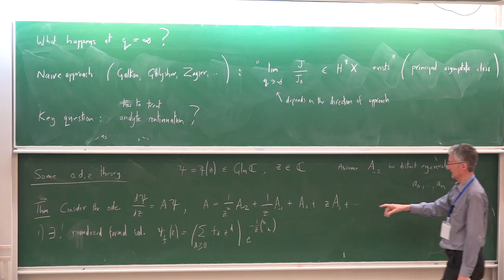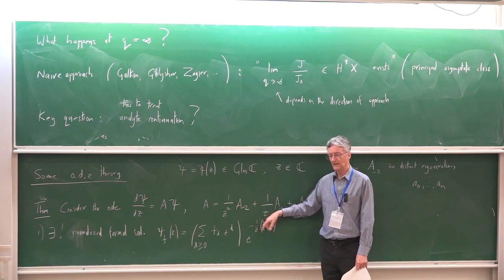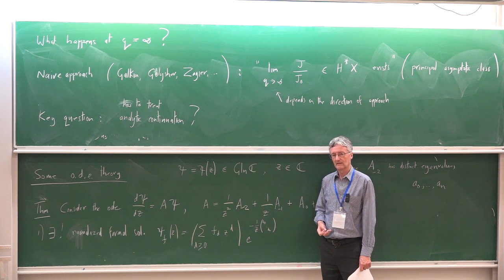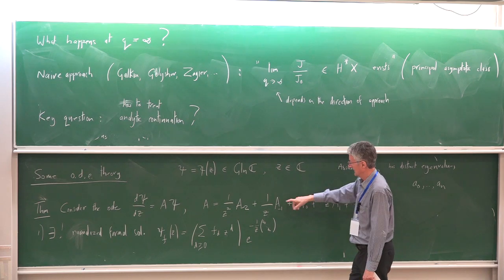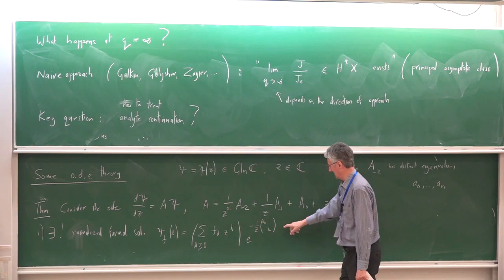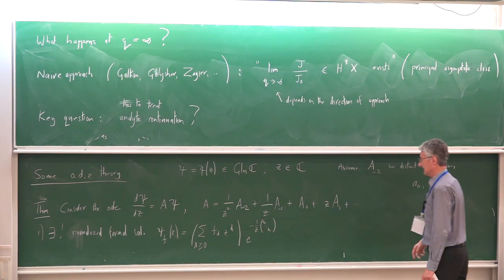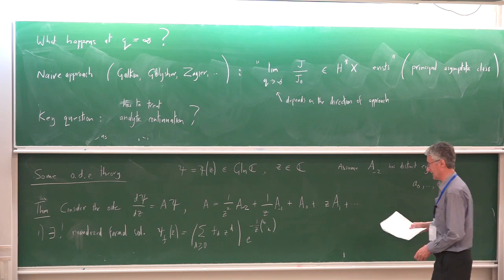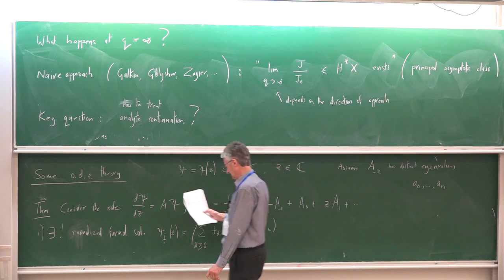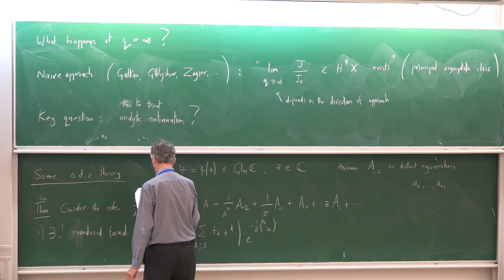So basically, when you differentiate this, you'll get minus, you'll get 1 over z squared. I mean, that has to do with the squares, right? There's 1 over z here. So there's a normalized fundamental solution. Well, I'm assuming that there is no formal monodromy in this case. But I won't say any more about that.